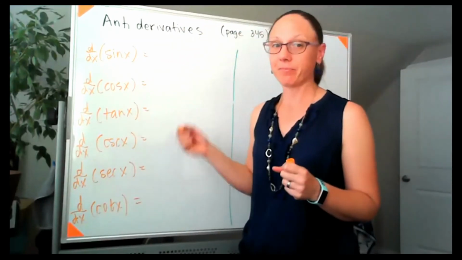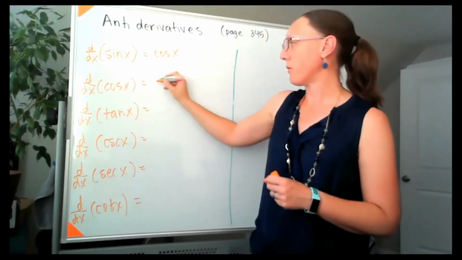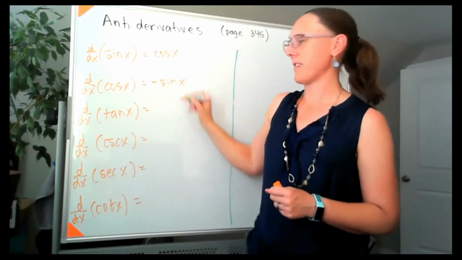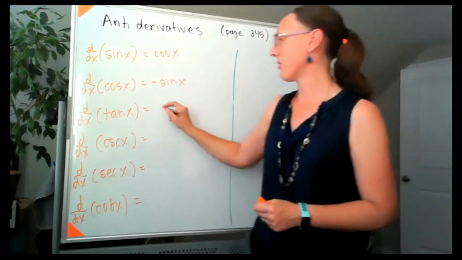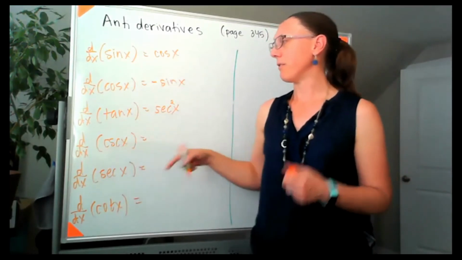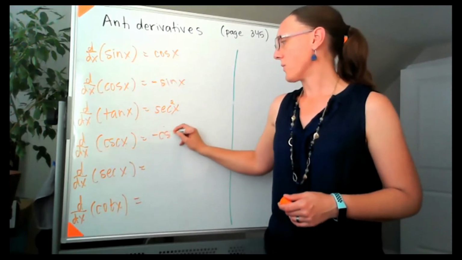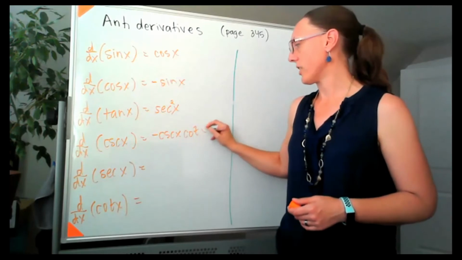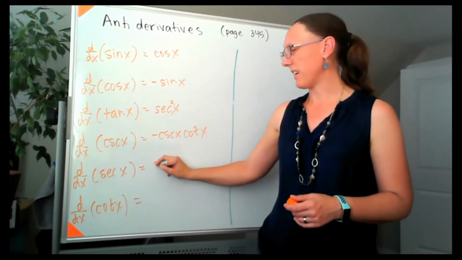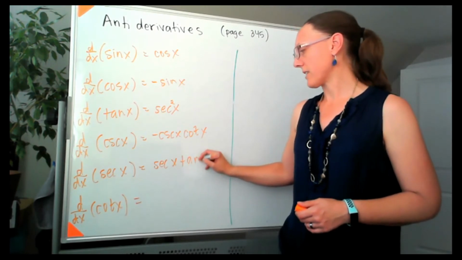Quick rundown. Derivative of sine of x, cosine of x. Derivative of cosine of x, negative sine of x. Derivative of tangent of x, secant squared x. Derivative of cosecant of x, negative cosecant x, cotangent x. Derivative of secant of x, secant of x, tangent of x.